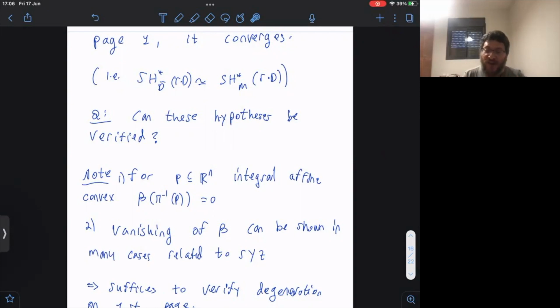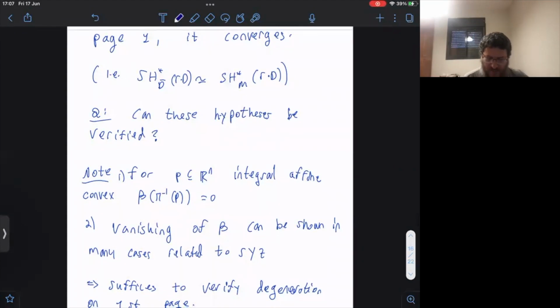Basically, it's about some kind of convexity. If you consider a convex polygon, then the boundary depth is 0. If you consider some star-shaped polygon, then it's no longer. Then you get some torsion, and then boundary depth is not 0. But we know how to satisfy this.